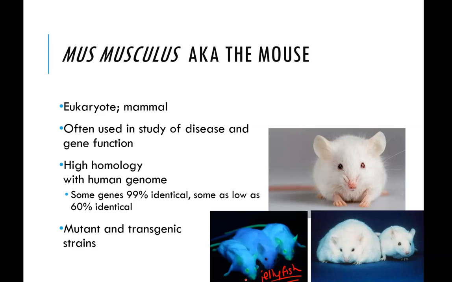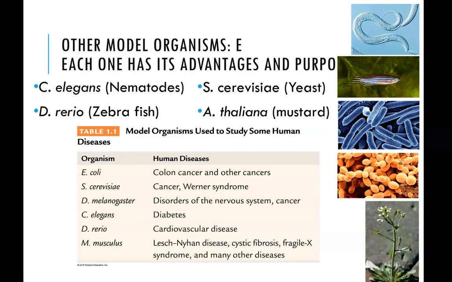It'd be really cool, but we can't do that to people. This one over here is a mouse that has a defective gene that is important in obesity. Obviously, you can see that this mouse is much larger than the normal one over there. So that's another way that we can use the mouse for studying scientific anomalies in humans.